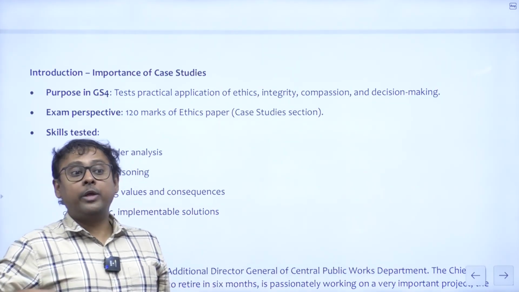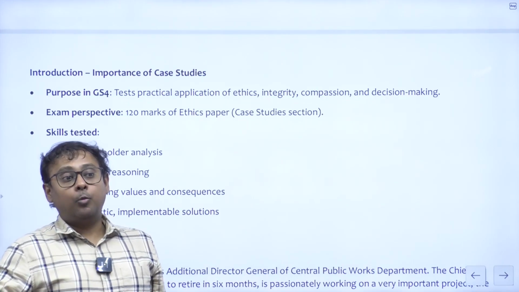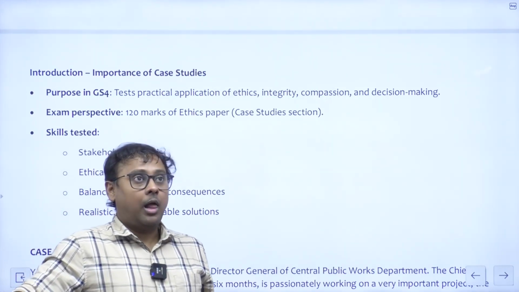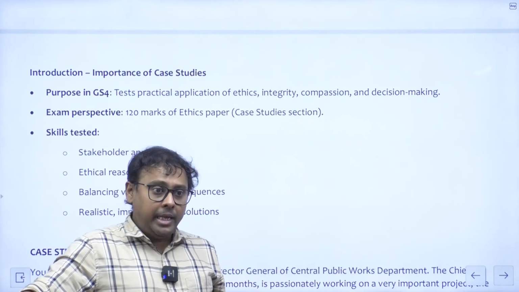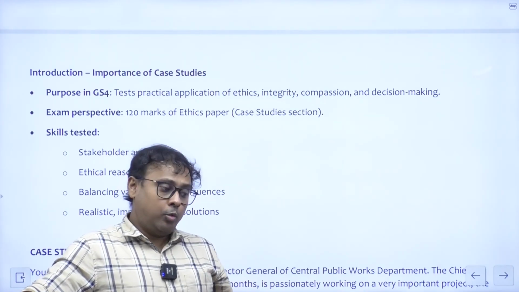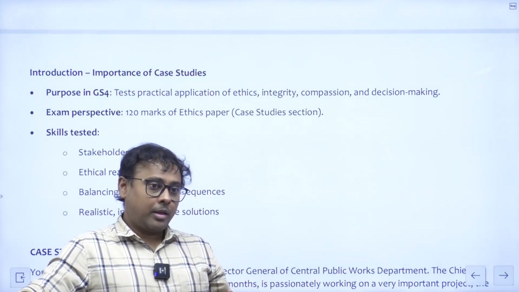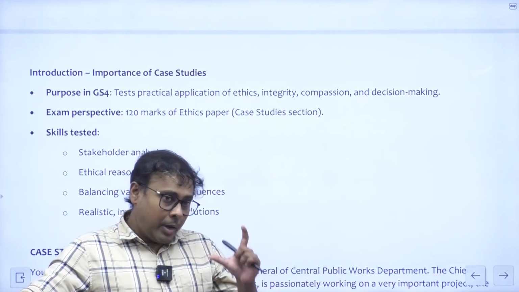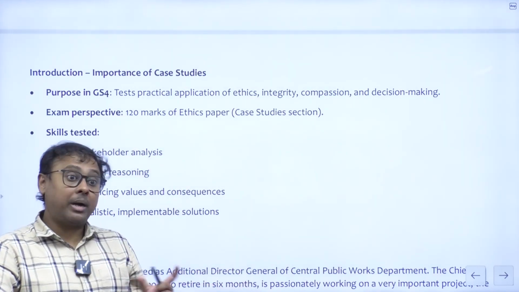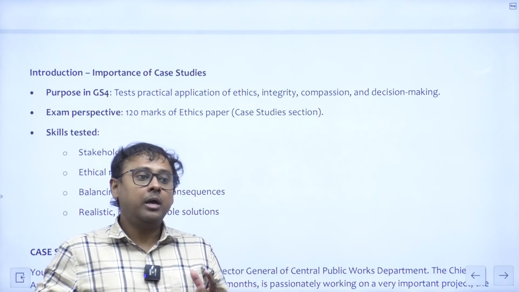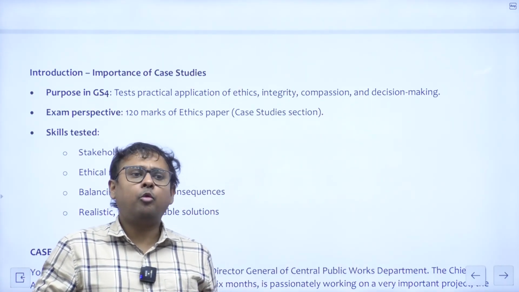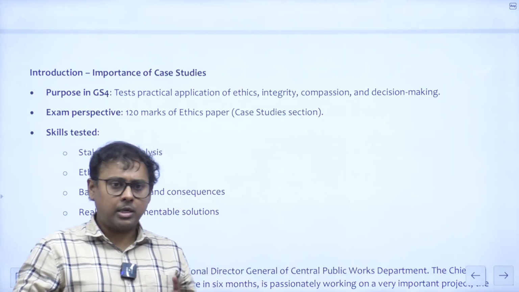So when we are practicing case study, we have to develop this art or technique where we not only read the case very well, very minutely, but in the shortest period of time, because technically you will have around 14 to 15 minutes to write per case study.